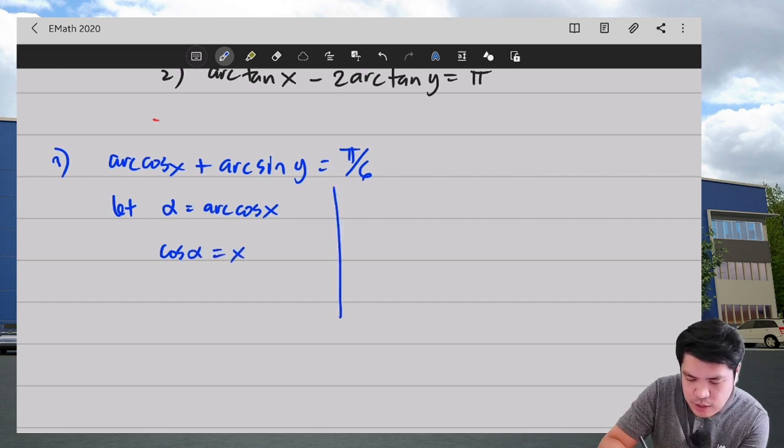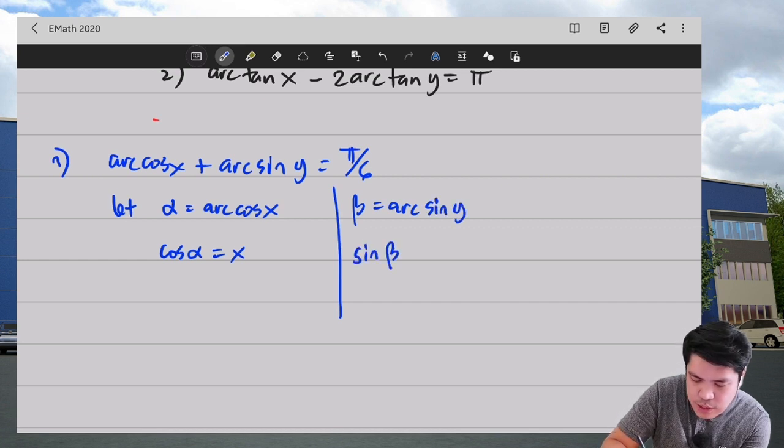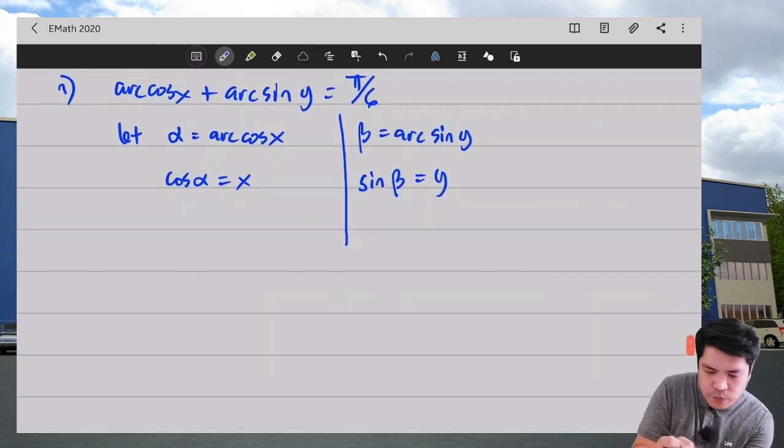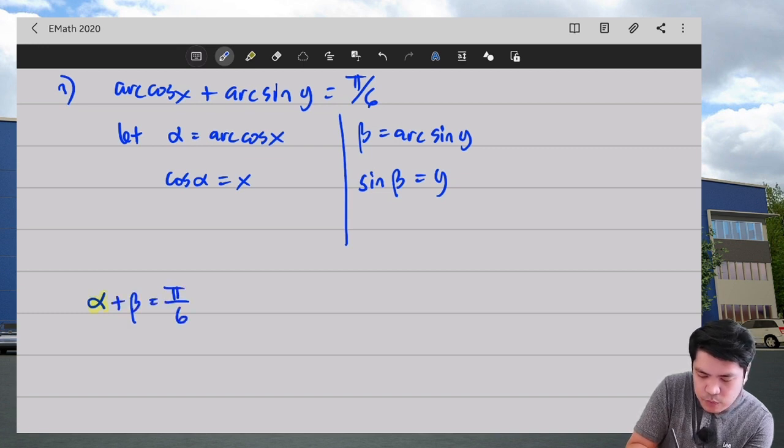And if we let beta be equal to arcsine y, then it follows that sine beta is equal to y. So therefore, the function now, or itong given natin, could just be written as alpha plus beta is equal to pi over 6.